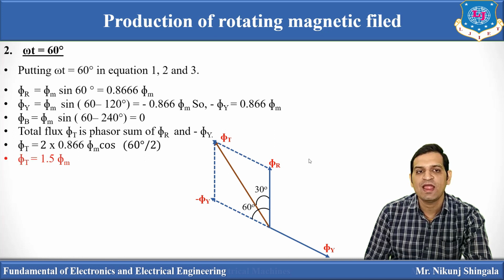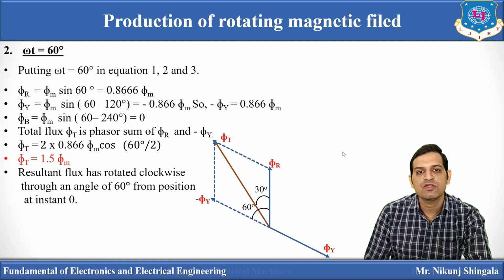So resultant flux phi t is equal to 1.5 phi m. So again we are getting resultant flux having the same magnitude as in the case of omega t is equal to 0, but here the resultant flux has shifted 60 degree as compared to the previous case. So the resultant flux has rotated clockwise through an angle of 60 degree from its position at the 0 instant.